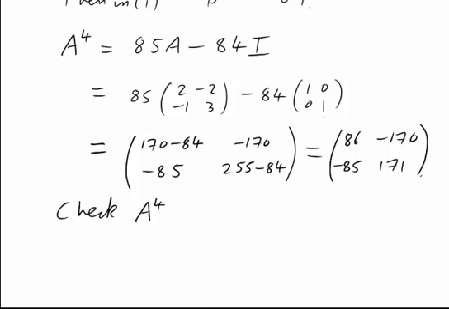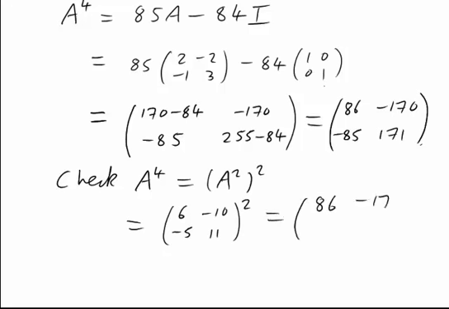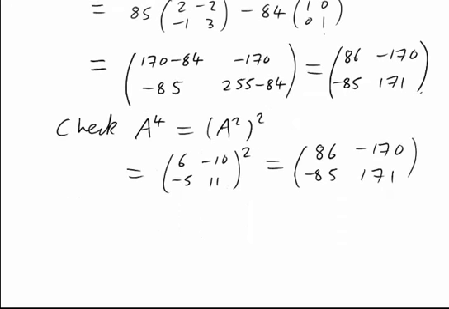A to the fourth is a squared squared again, and a squared you can check is 6, negative 10, negative 5, 11, and that needs to be squared, and sure enough that does come out to be 86, minus 170, minus 85, 171. The method has worked.